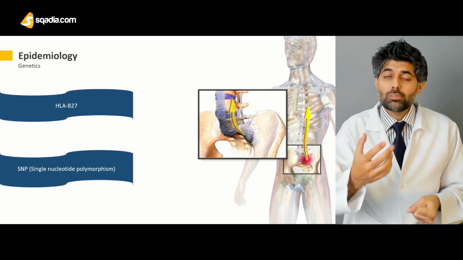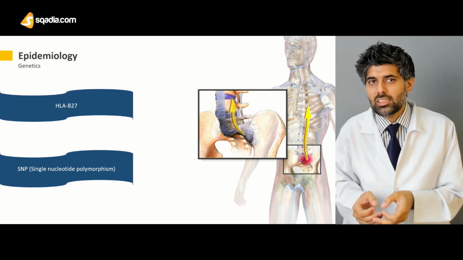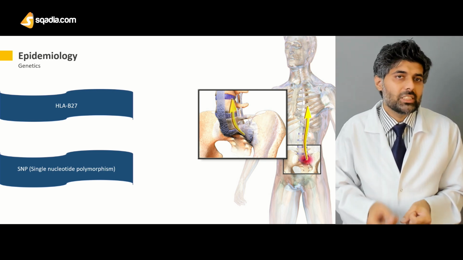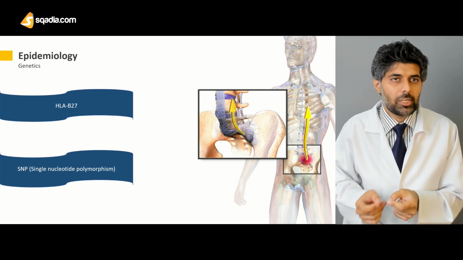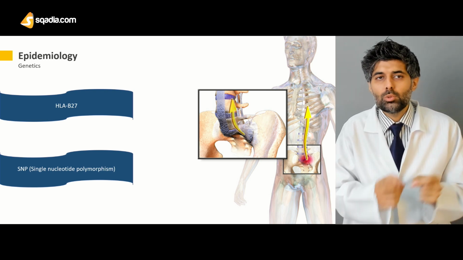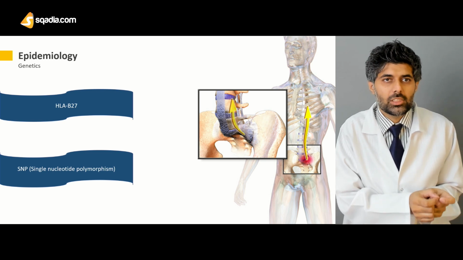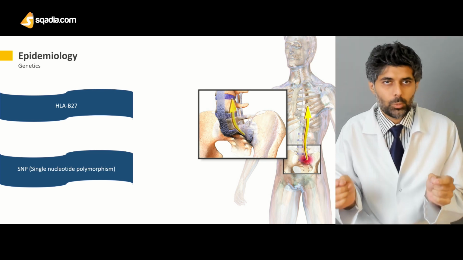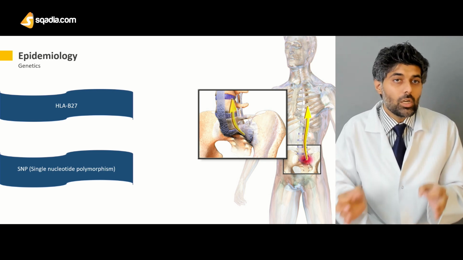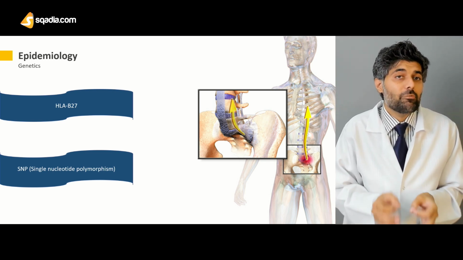But since we do not know the exact inciting event that actually causes HLA-B27 to malfunction in that manner, we do know that it has to do something with the genetics, because identical twins, which have the same identical makeup, will have a 65% chance.